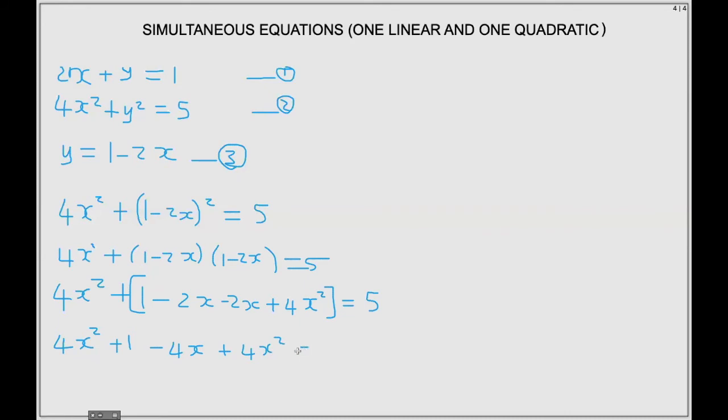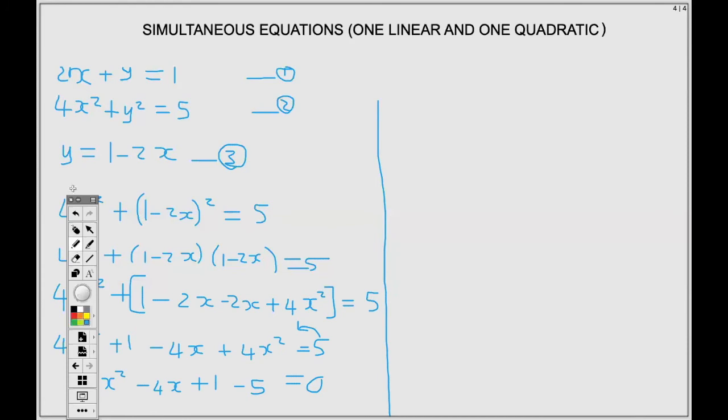And then we have equal 5. Now the 4x squared and the 4x squared can be added to give us 8x squared. Again, I have an algebra video if you're still not understanding how to do this. The minus 4x right next, then plus 1, then carry the positive 5 over the equal sign, so we have minus 5 equal 0.